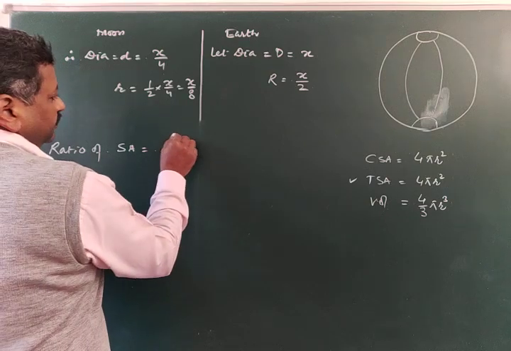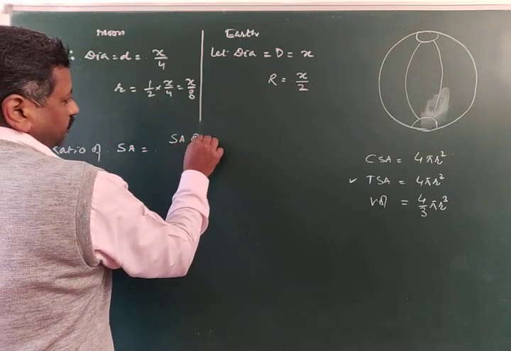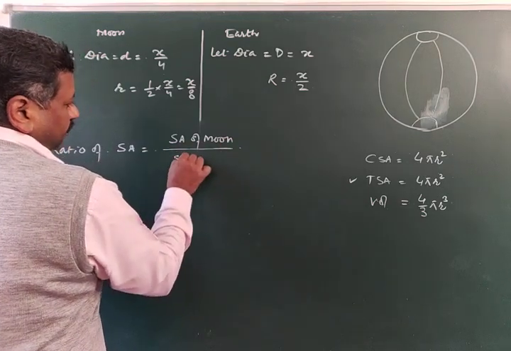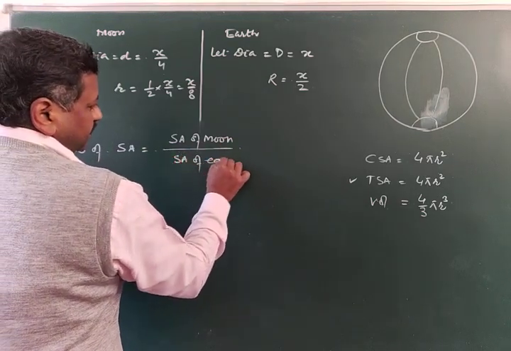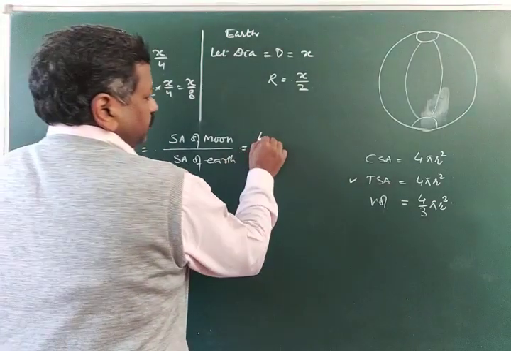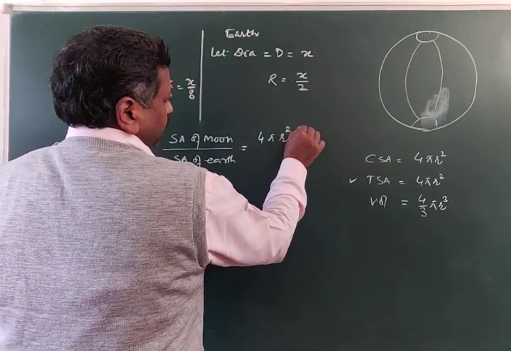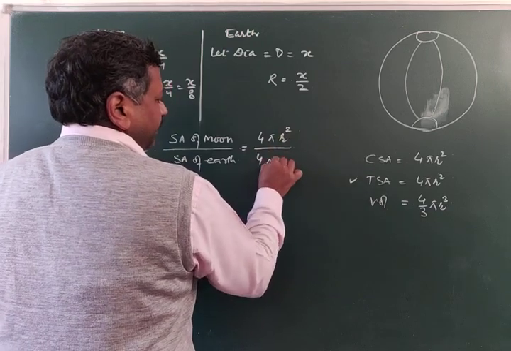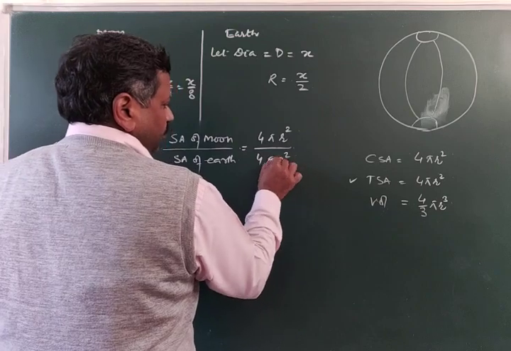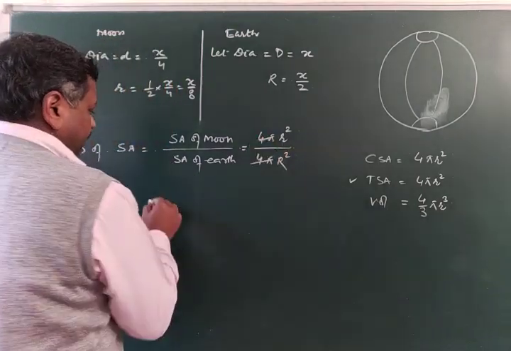So surface area of moon upon surface area of earth is equal to 4 pi small r square upon 4 pi capital R square. 4 pi cancel by 4 pi.